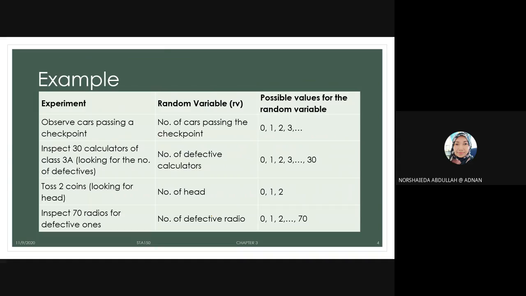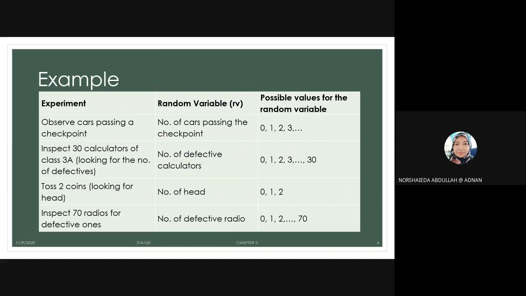Let's say we want to consider the random variable is the number of cars passing the checkpoint. So either 0 car, 1 car, 2 cars, and so on. So dia tak ada limit dia lah. Okay, they start with 0. 0 means no car pass that checkpoint, and the upper limit is infinity lah.